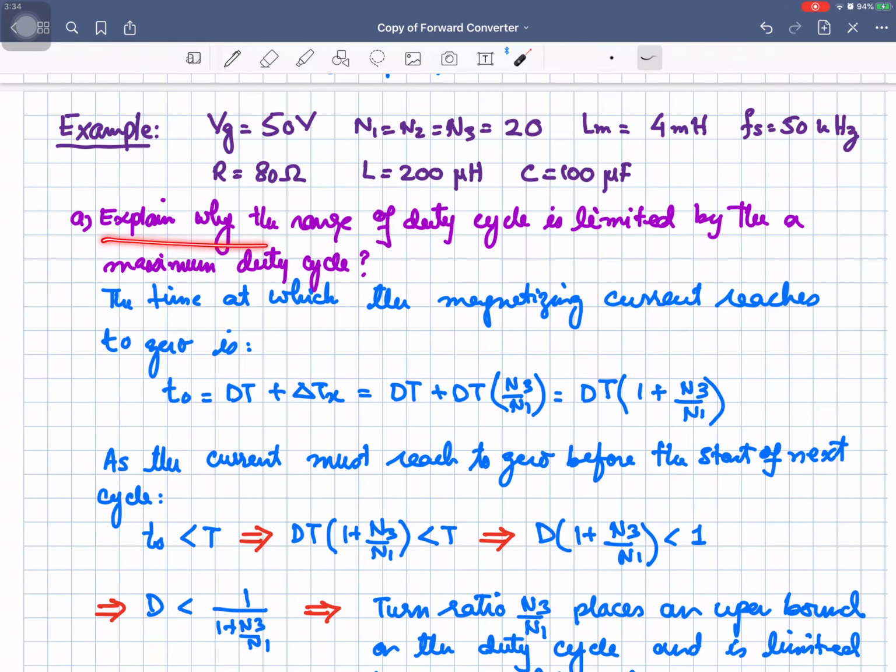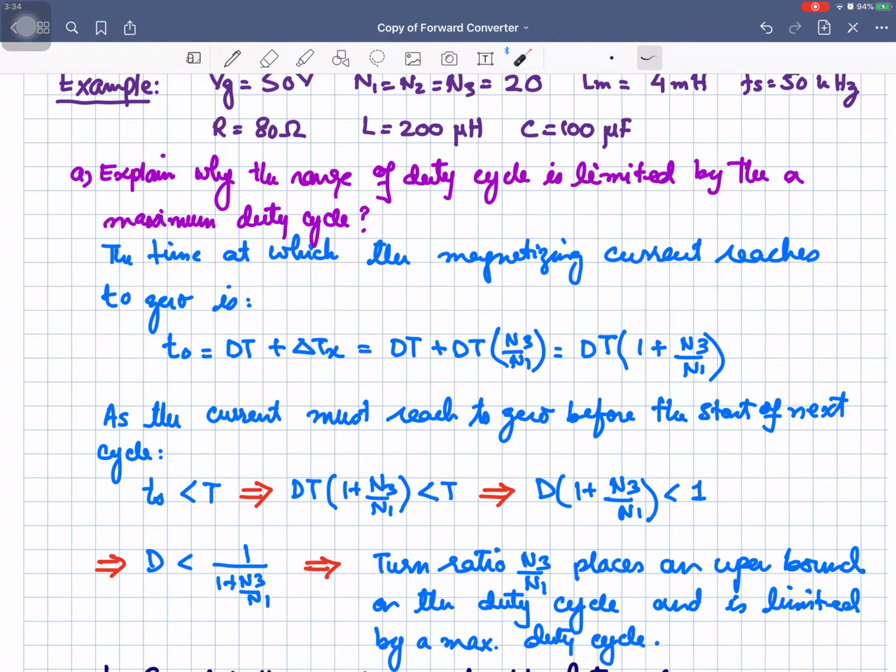Now explain why the range of the duty cycle is limited by a maximum duty cycle. The time at which the magnetizing current reaches 0 is determined with the help of this expression, and using the values we can write it like that. And this must be less than T, the total time period.